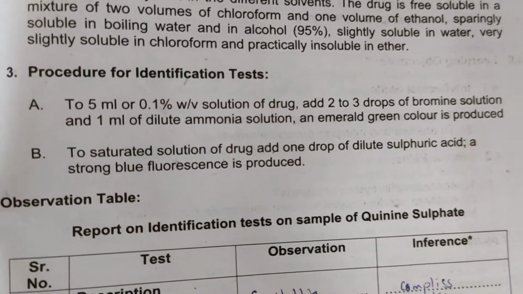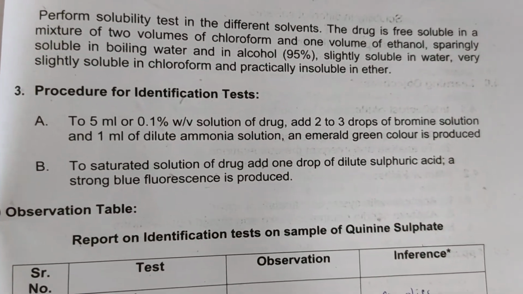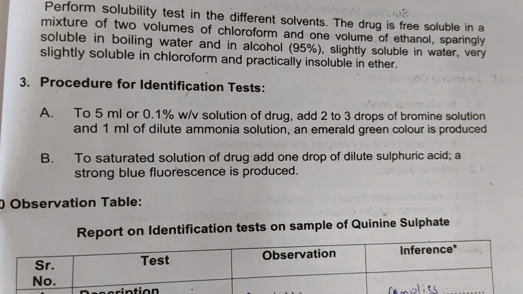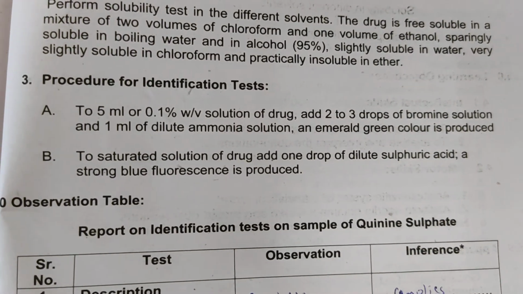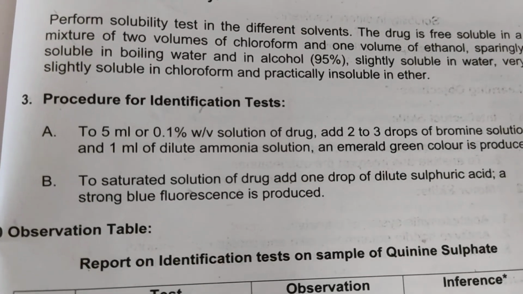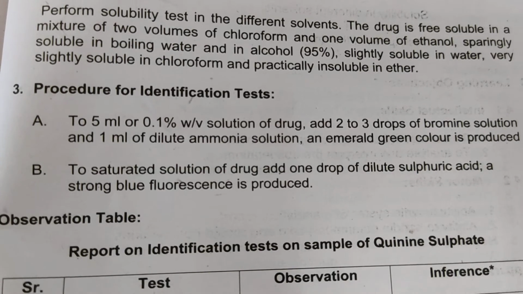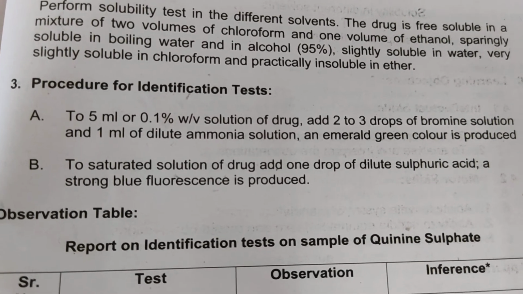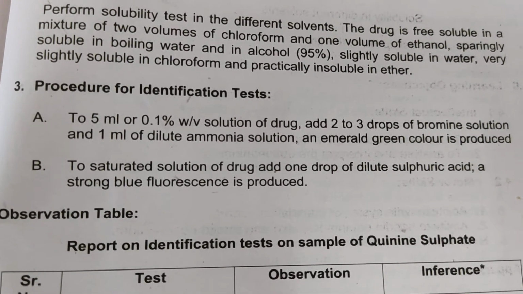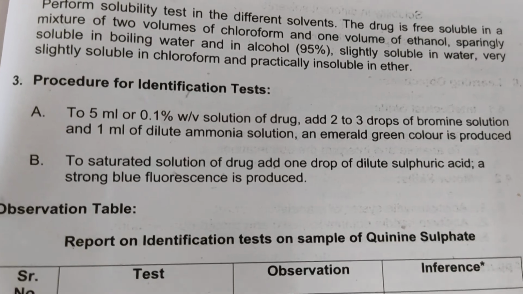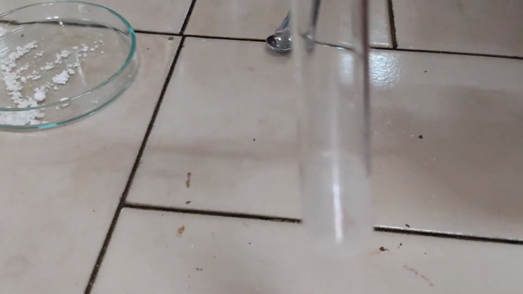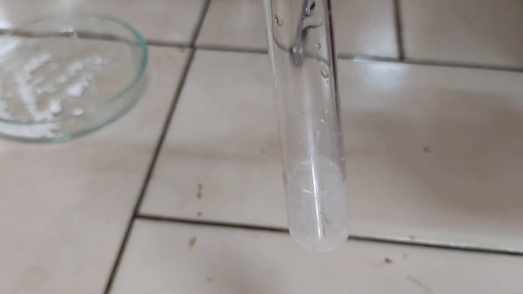Now we are going to perform the identification test. For this test we have to take 5 ml of 0.5% weight by volume solution of the drug, add 2 to 3 drops of bromine solution and 1 ml of dilute ammonia solution. Emerald green color is produced. Here is the compound plus water.